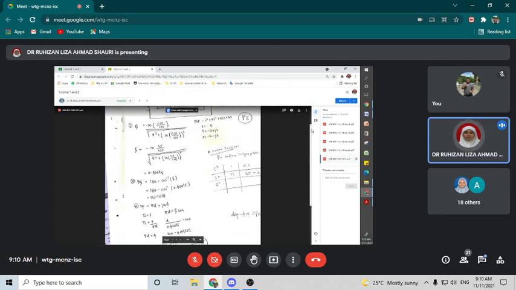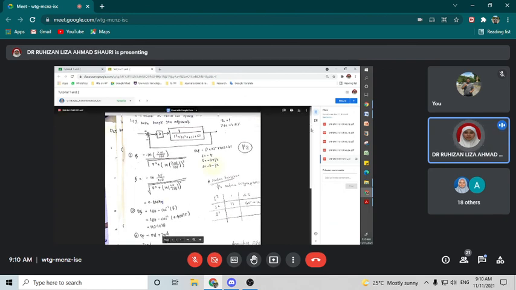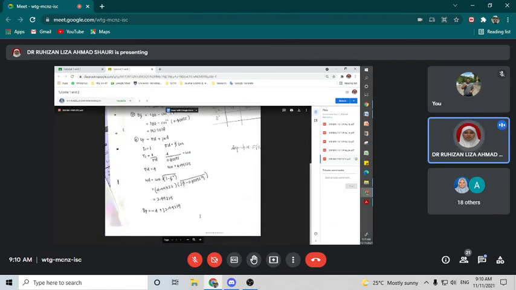So done with the point. The question is asking whether the system can perform with this Ts and percentage overshoot. From the requirement, it gives you this point.